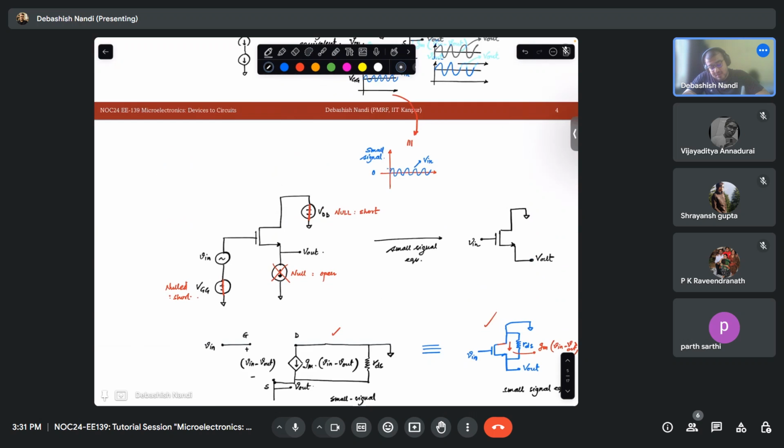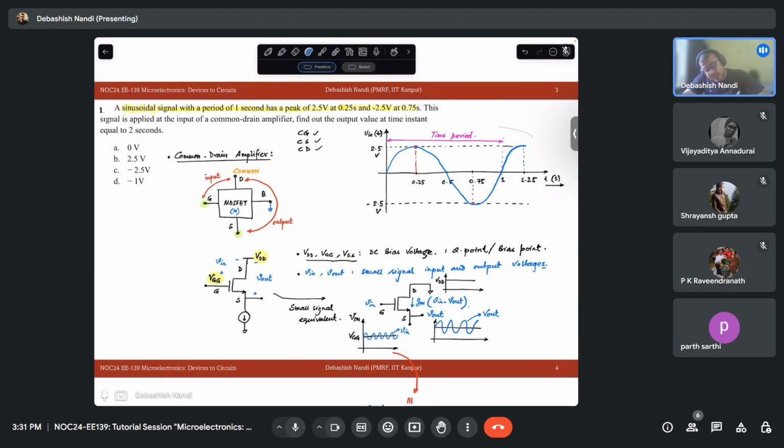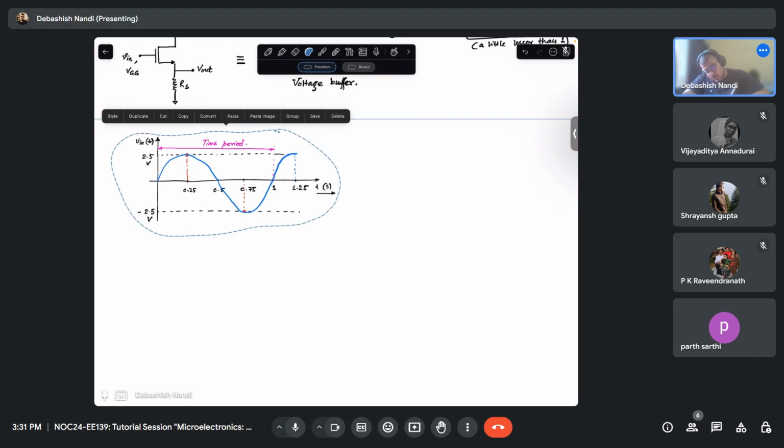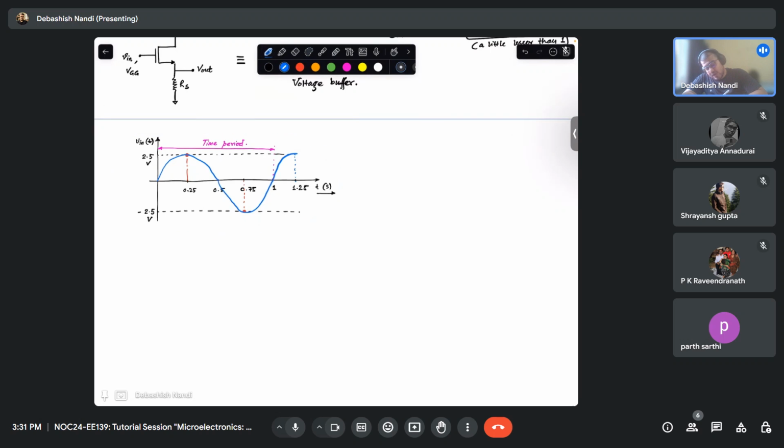So now tell me, this was my sinusoidal signal. So this was my input signal. And you want to find out the output at, let's say, 0.25, 0.5, 0.75, 1, 1.25, 1.5, 1.75 and 2.